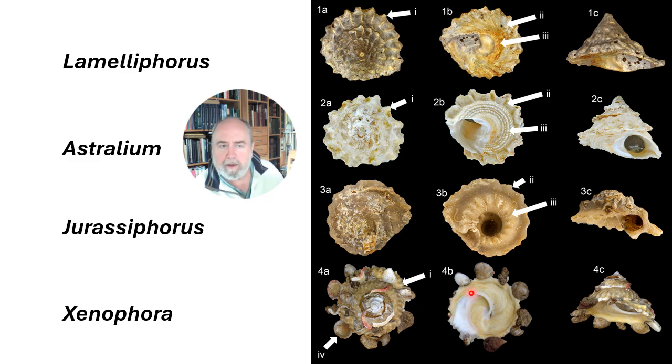So we think that the grouping of the Lamelliphoridae into Stromboidea is wrong. It is, in my opinion, a sister to Australium, where we find similar elements like in Lamelliphoridae.